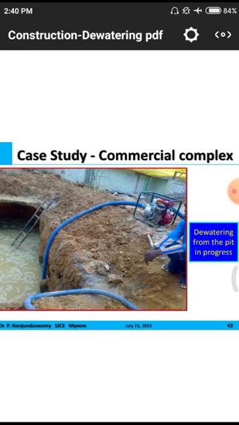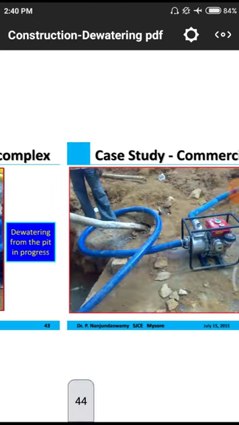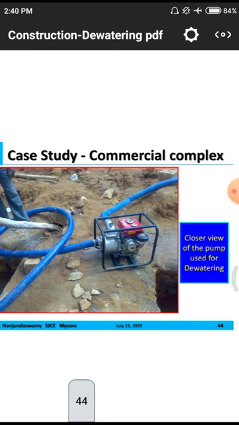They need to calculate the total length of the pit and how much water was there, so how many pumps are required to remove the total quantity of water. Is it suitable for 1 day or 2 days? That means whether the total water can be removed in 1 day, or they need to go for a high-capacity pumping system. All those things they have to calculate.